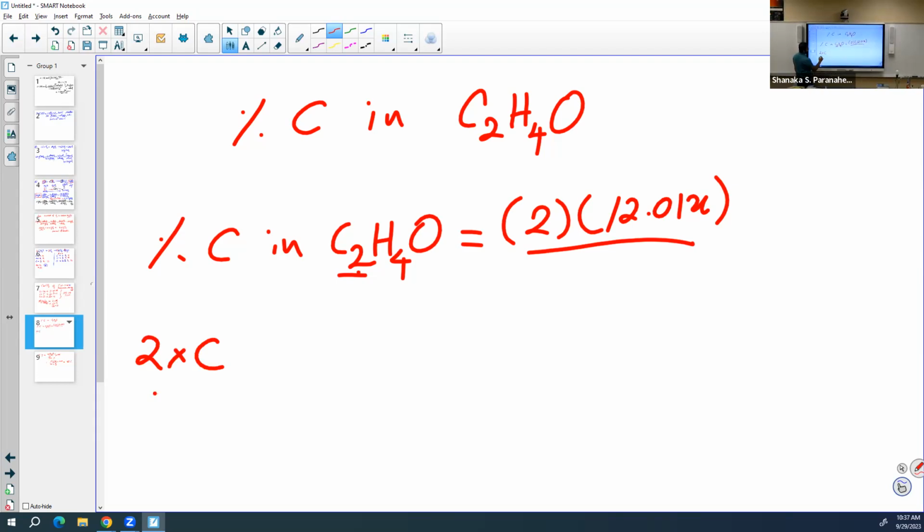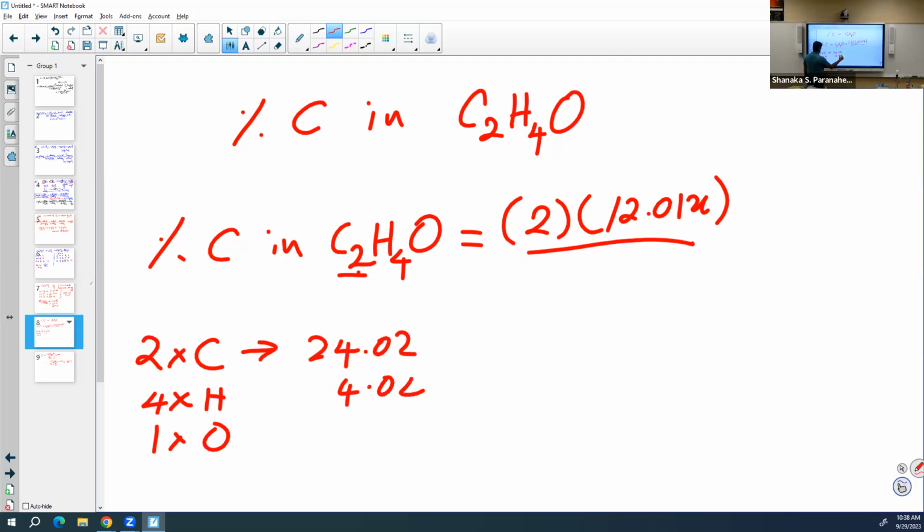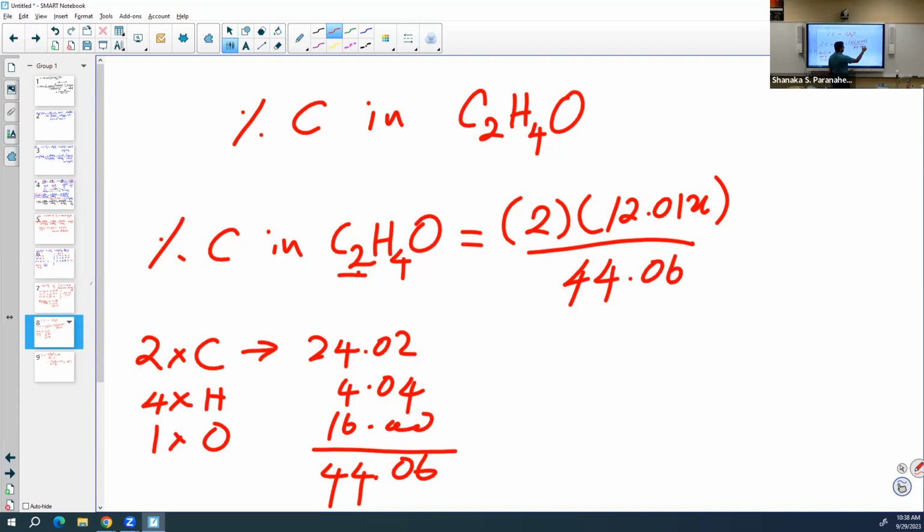And calculate the formula weight of this compound: 2 times carbon, 4 times hydrogen, and 1 times oxygen. It's 44.46 atomic mass units, times 100.